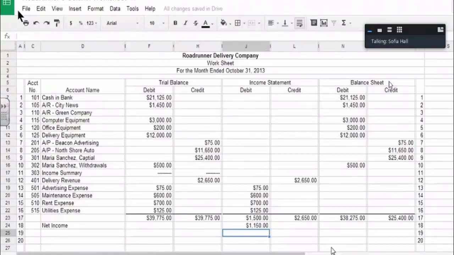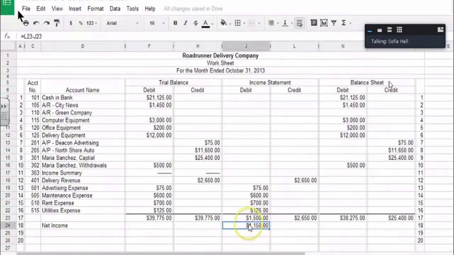My revenue is greater than my expenses. If my expenses were greater than my revenue, I would have a net loss, and my net loss would be in the credit column of my income statement. But since I made money, I have net income, so we're going to put that in the debit section, okay?